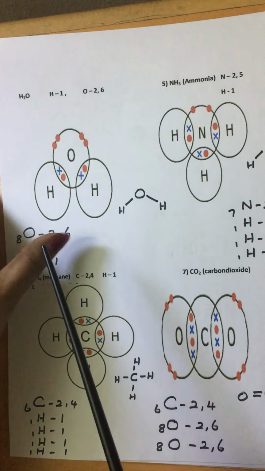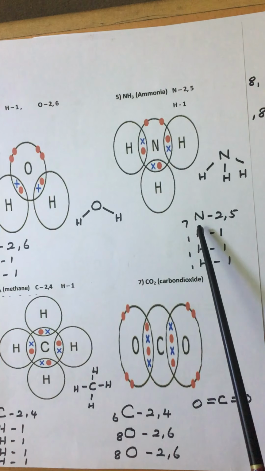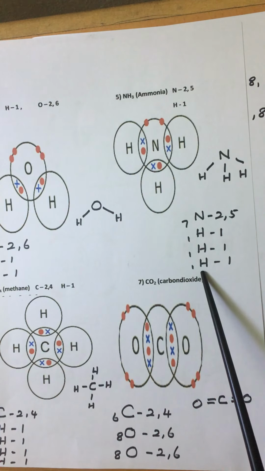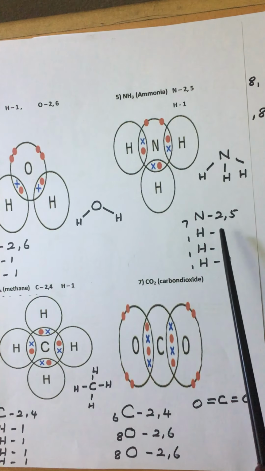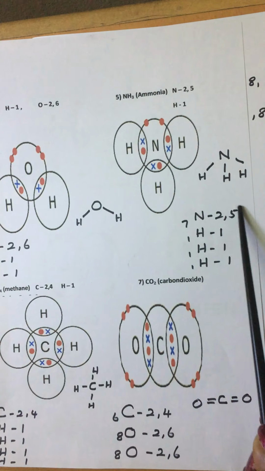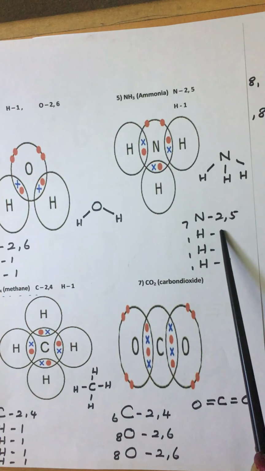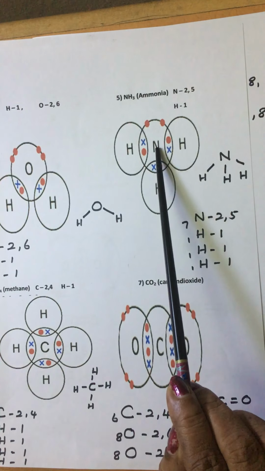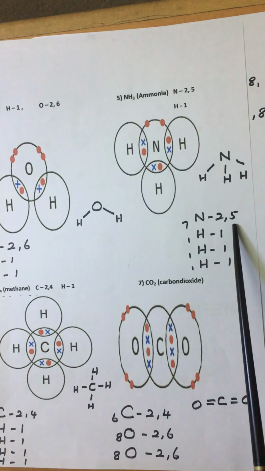Now see ammonia. Ammonia is NH3. That means 1 nitrogen with 3 hydrogen atoms, NH3. So here nitrogen 2, 5. So it needs 3 more electrons. So those 3 electrons are going to share with these 3 hydrogens. Right? So here the nitrogen has 5 electrons, 1, 2, 3, 4, 5 in the external orbit. So it needs 3 more electrons.